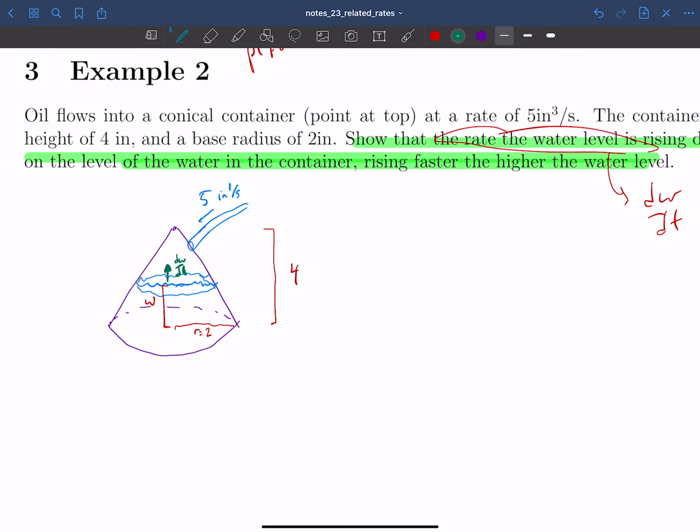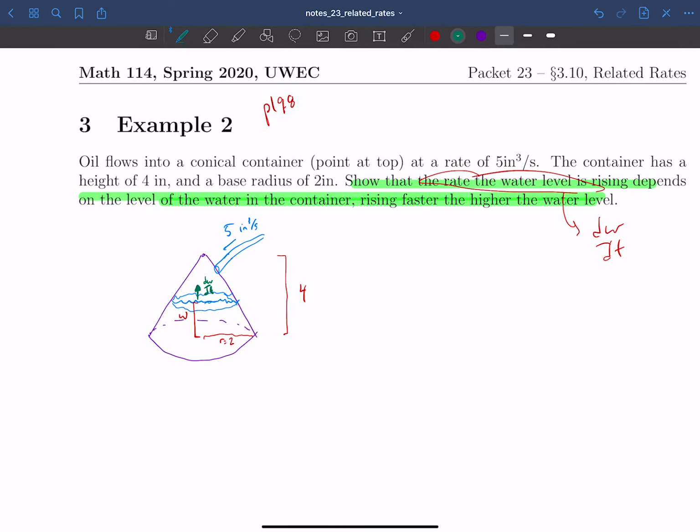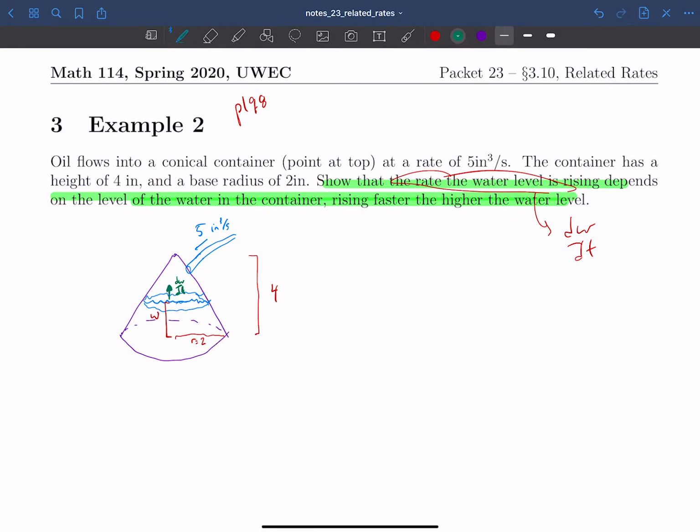So I think what we're trying to do here, we should try to restate our goal. Our goal is to show that the rate the water level is rising depends on the level of water in the container.